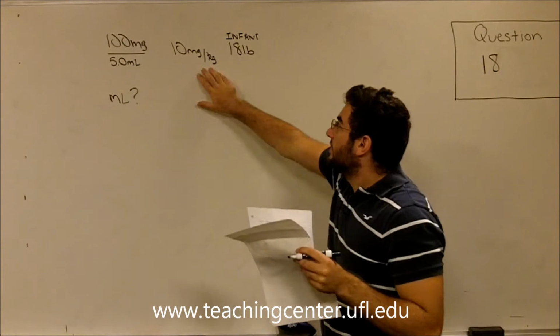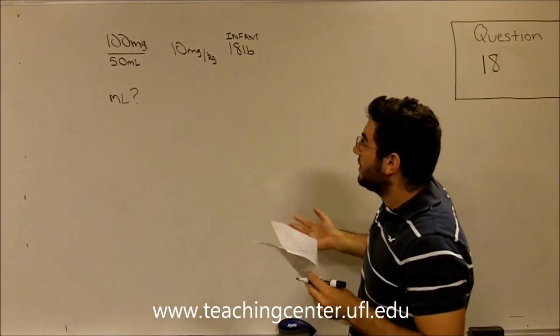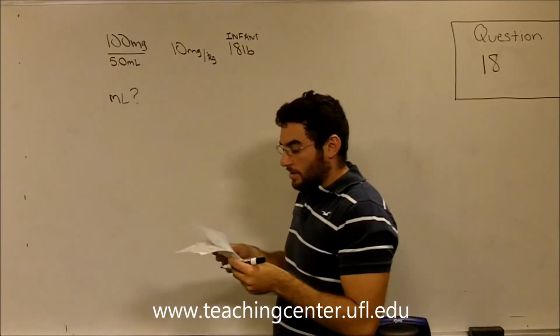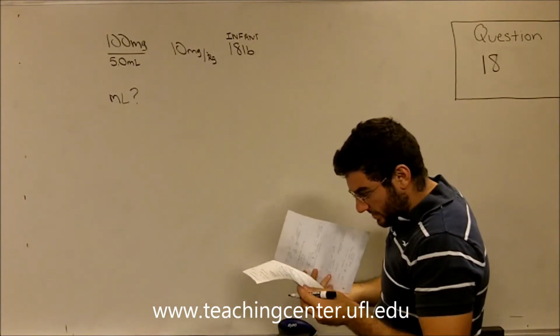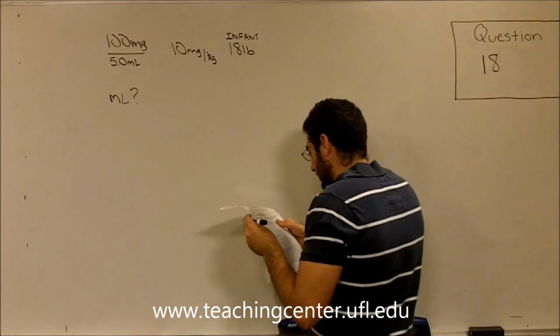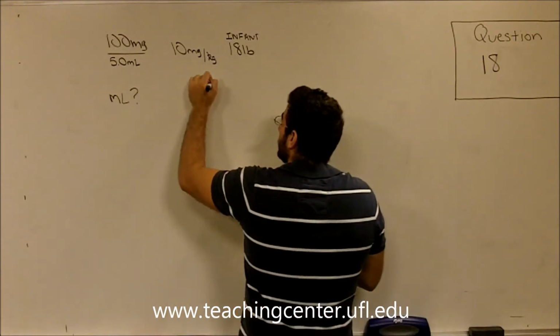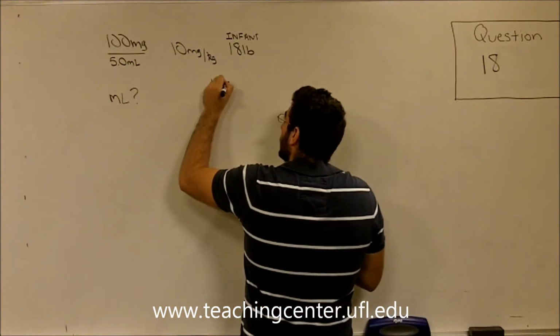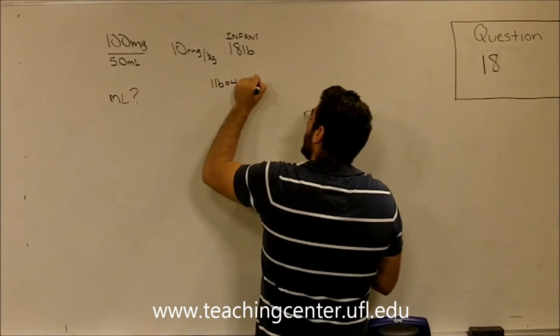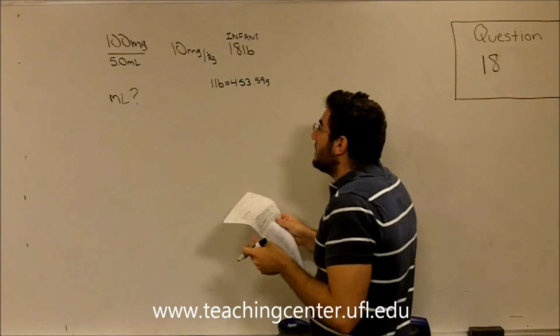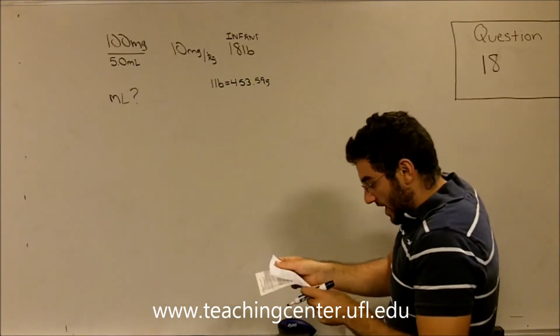And we know that you give 10 milligrams for every kilogram, and 100 milligrams per every 5 milliliters. Well, it tells us that 1 pound equals 453.59 grams.